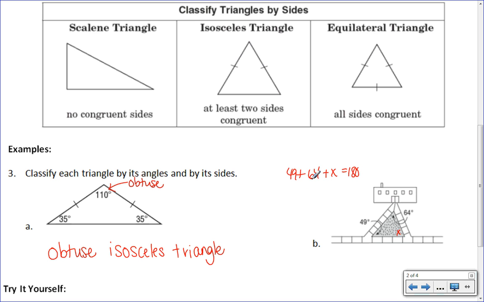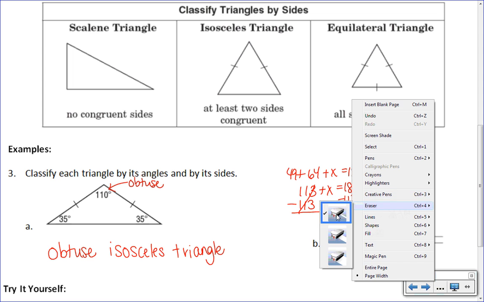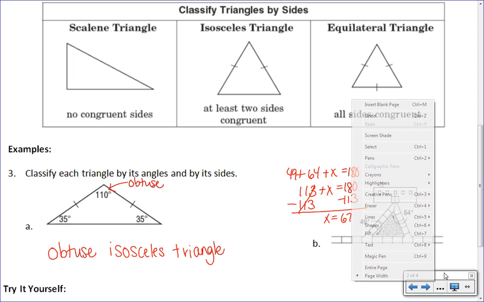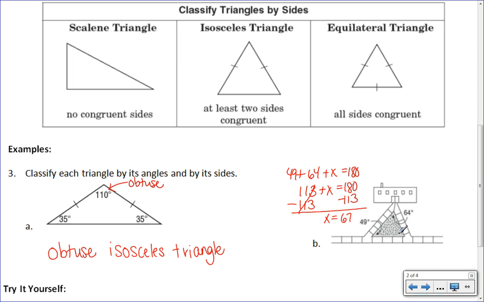Let's combine like terms here. That's 113 plus X equals 180. And then subtract 113. We get 67. So now we know that this angle measures 67 degrees.